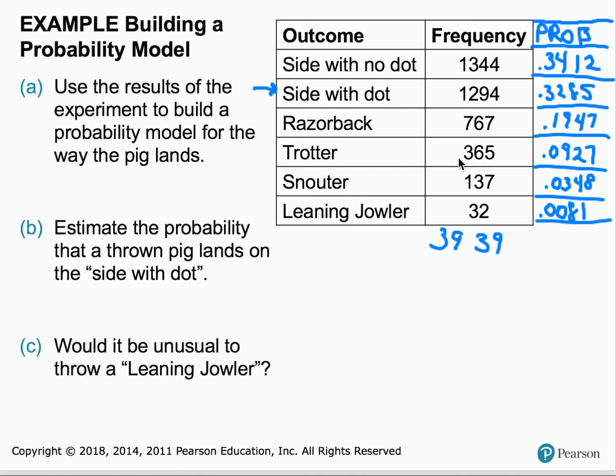Well, there it is. We've already done it. Would it be unusual to throw a leaning jowler? Oh, yeah. In this case, since we're just talking about throwing pigs, nothing really important, we would consider this unusual. Yes, because that probability is way less than 0.05.